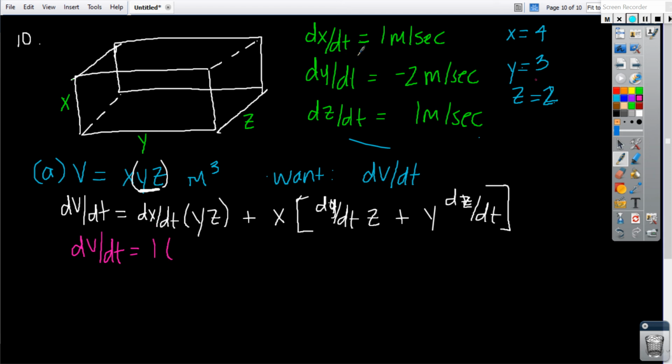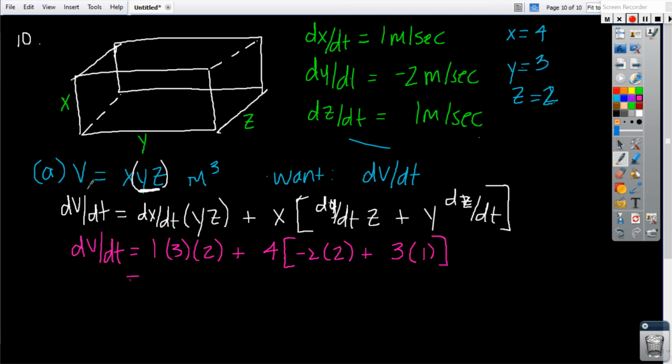Y is 3. And z is 2. Plus x is 4. dy/dt is negative 2. Z is 2. Y is 3. dz/dt is 1.